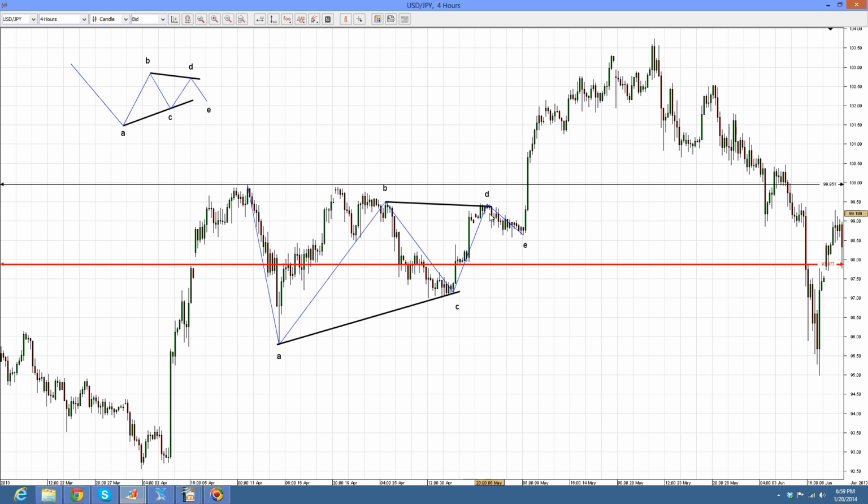A, B, C, D, and the E wave has the tendency to end above the 50% line.